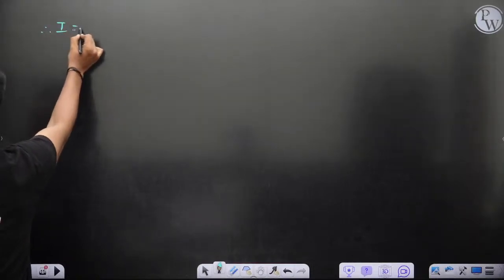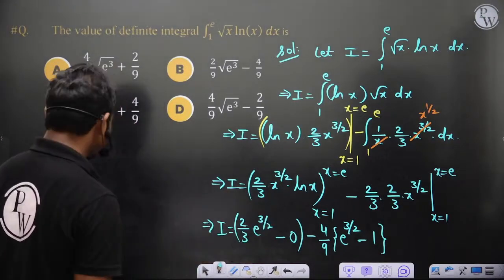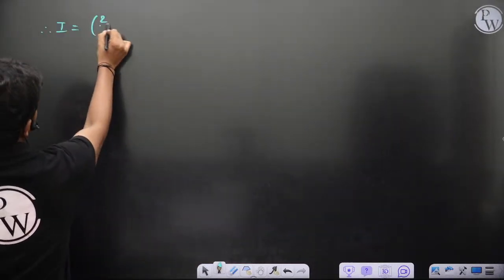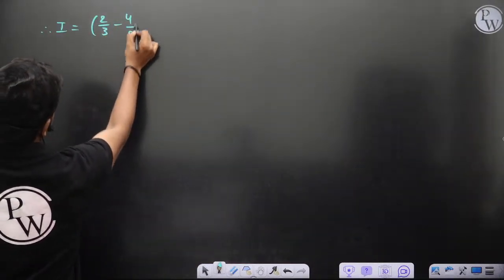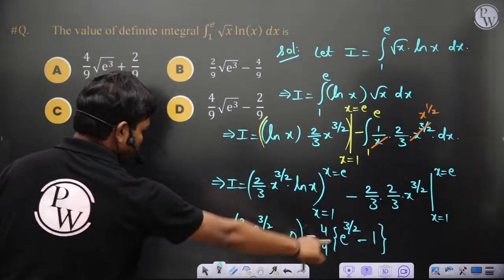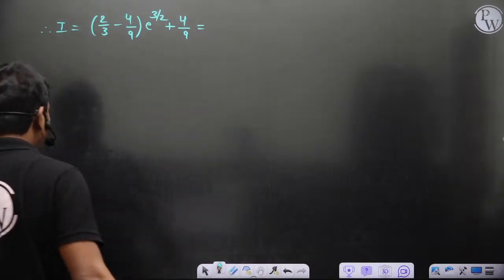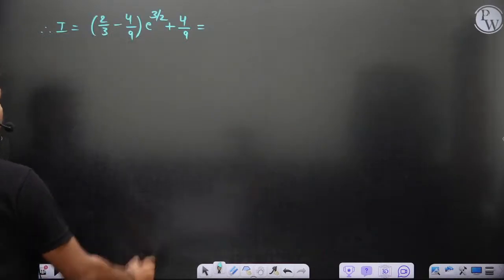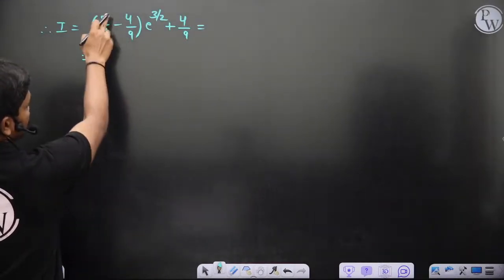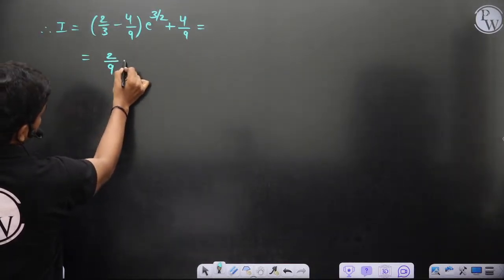So if you simplify, this minus of minus gives you plus 4 by 9. So therefore the value of I is equal to, you can check, this is 2/3 and this is minus 4 by 9. So 2/3 minus 4 by 9 times e power 3 by 2, minus of minus, which is plus 4 by 9, of course. If you simplify, how the options are formulated: 2/3 minus 4 by 9, multiplying with 3 and 3 here, it is 6 minus 4, 2 by 9 times e power 3 by 2.